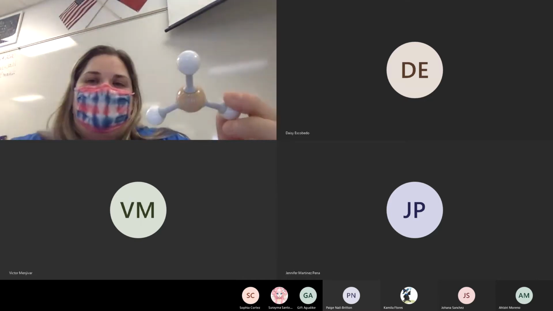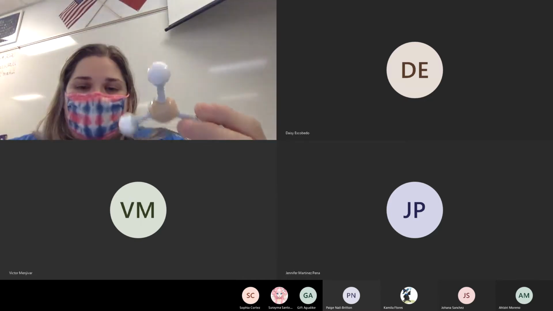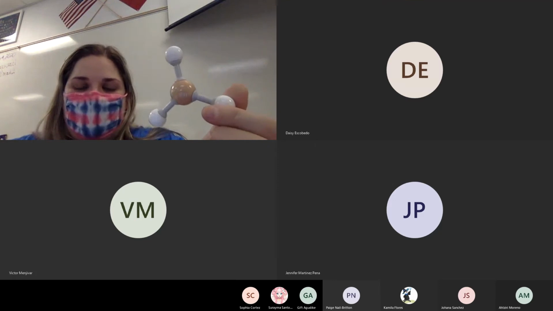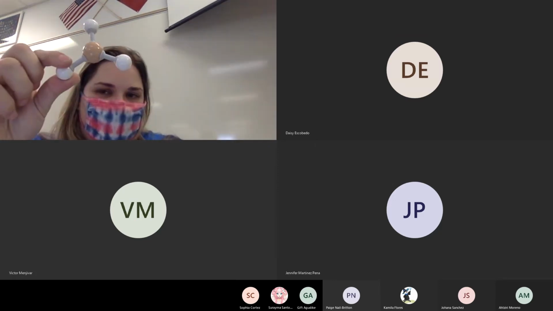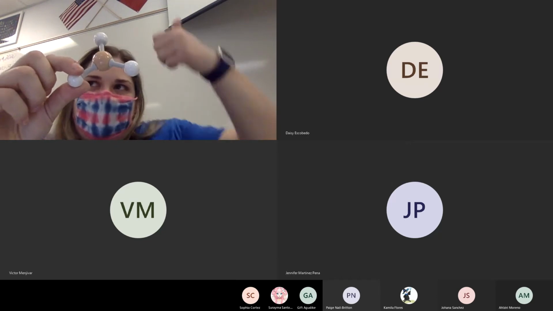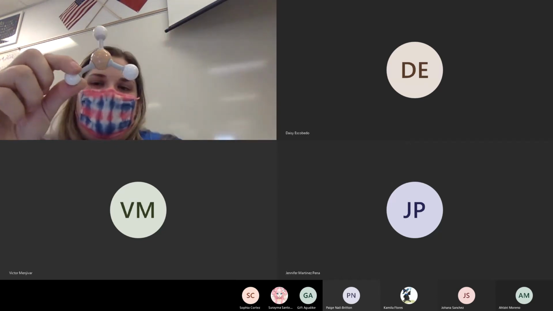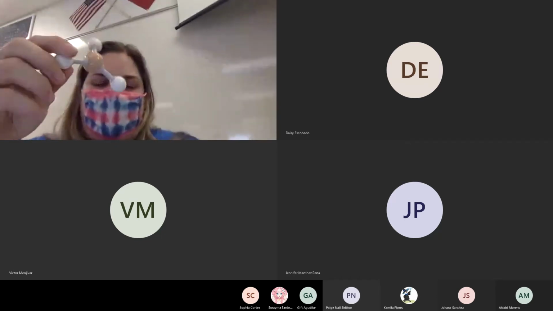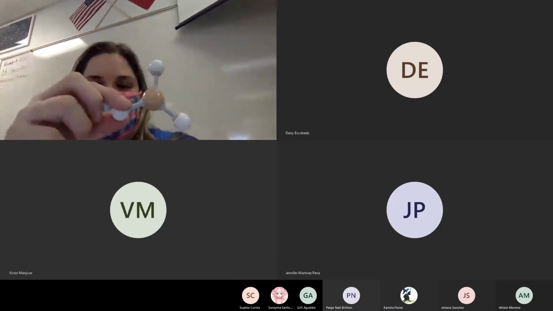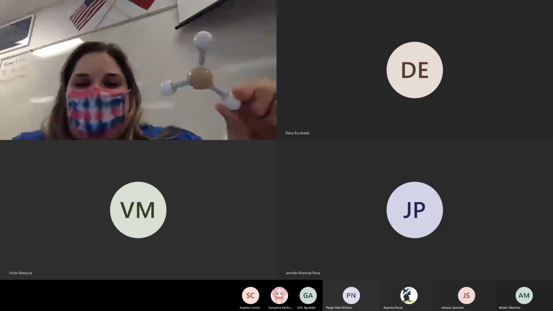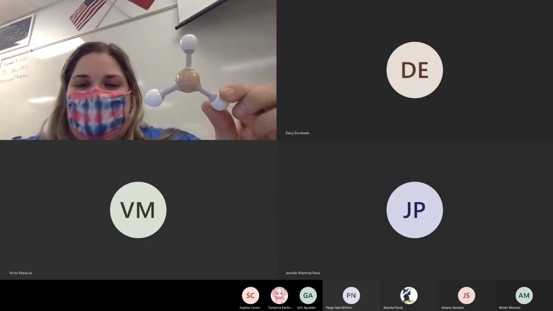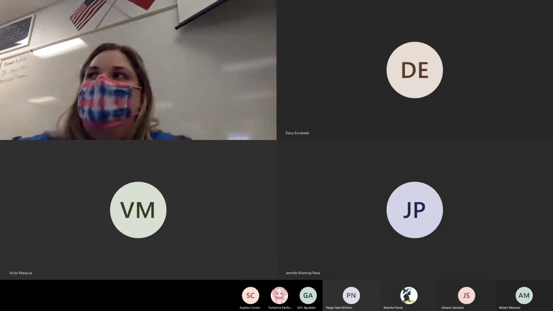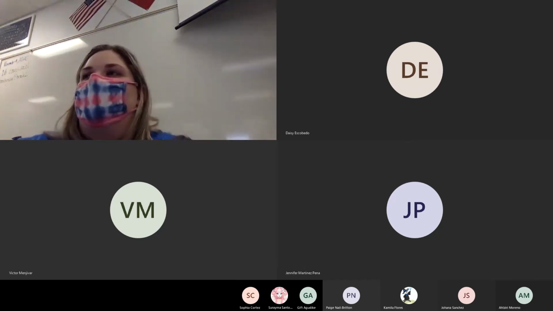So 3 bonds and 0 lone pairs. Knowing that information, which of the shape categories would this one be? We got something in the chat. Anybody else? What do y'all think online? What do we think here in person?